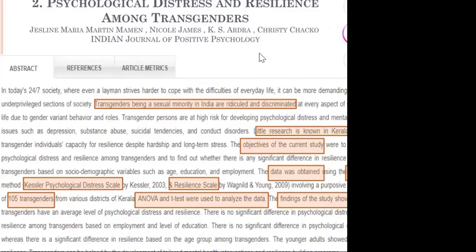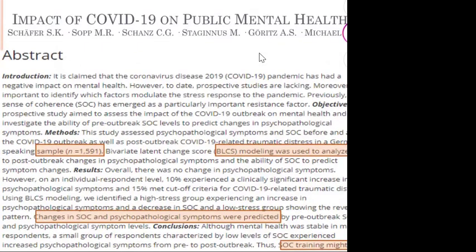Data was collected using the survey method, the Kessler psychological distress scale and the resilience scale. This is the material they used. There were 105 transgenders, the number of participants they took. Then there was an analysis where ANOVA and t-test were done. The findings of the study showed, so they are coming to a conclusion. And then, if required, there is revising of the same.